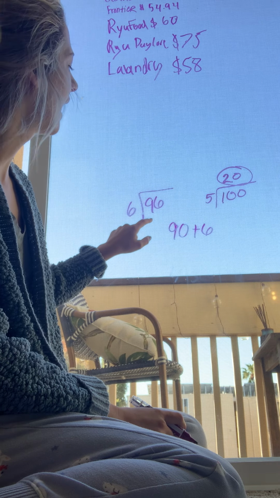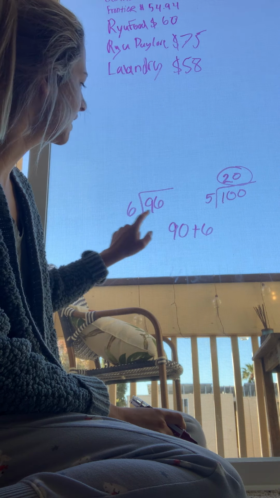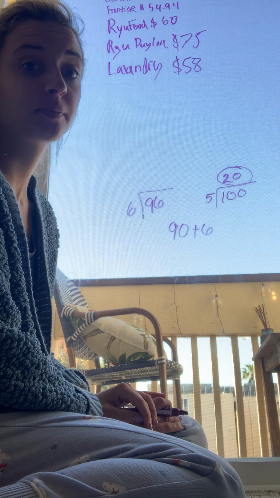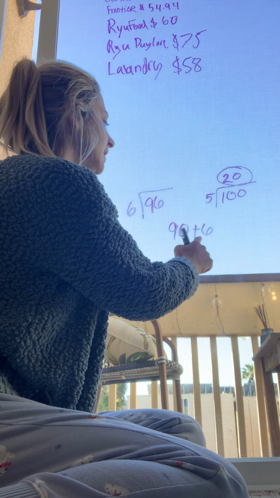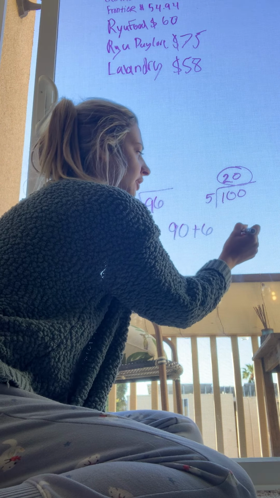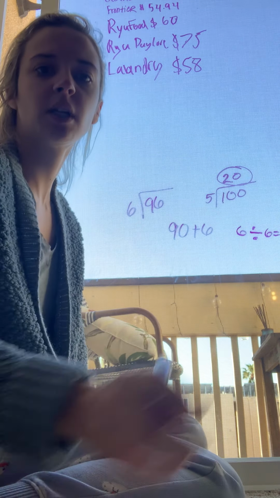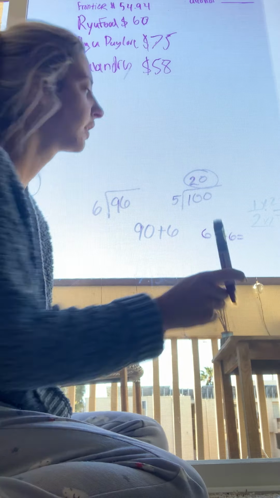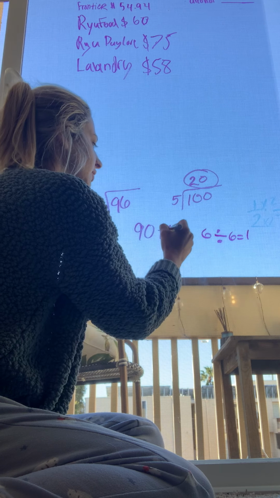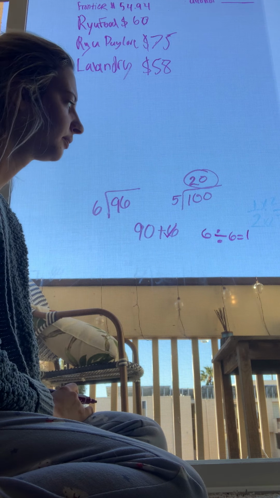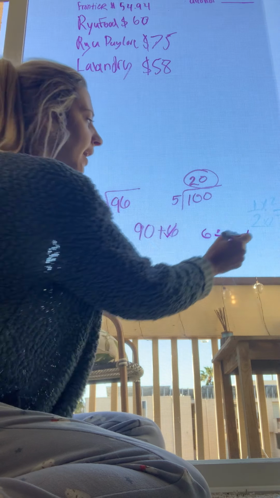Now, I can do 6 divided by 6 easily. So I'm going to take care of this 6 first. 6 divided by 6 equals 1. Okay, so this 6 is taken care of, and we have 1 right here.